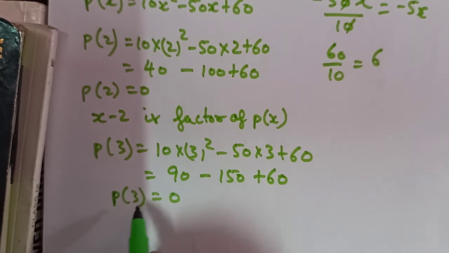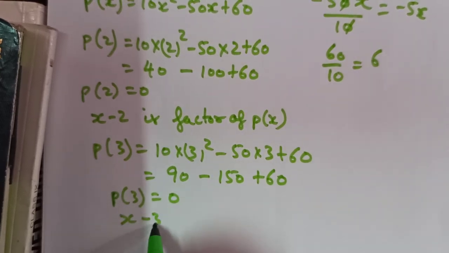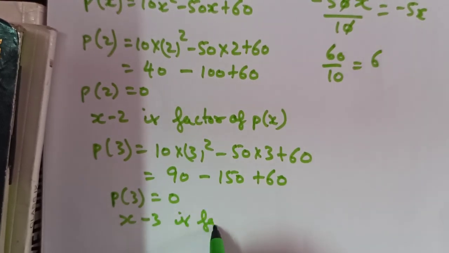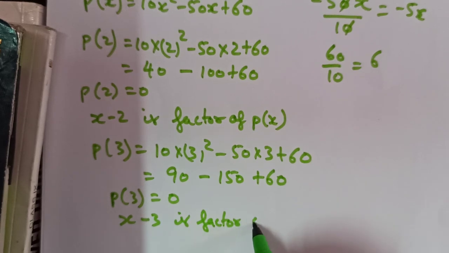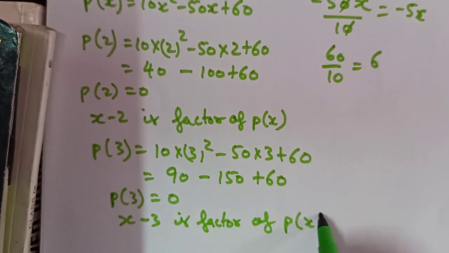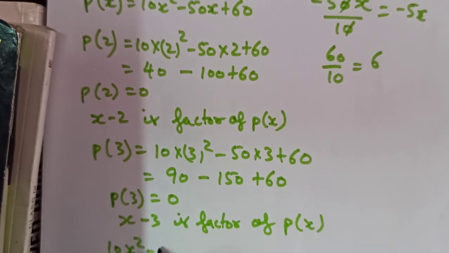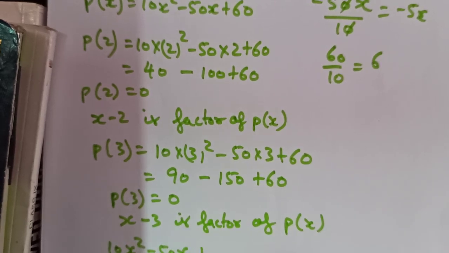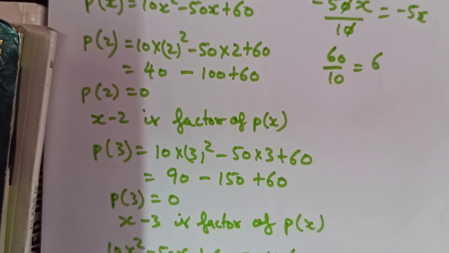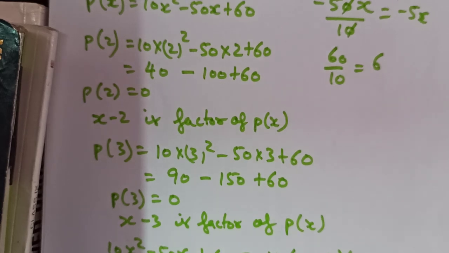So since P(3) equals 0, that means x minus 3 is a factor of the given polynomial P(x). So we can express this quadratic polynomial 10x square minus 50x plus 60 as 10 within bracket x minus 2 into x minus 3.